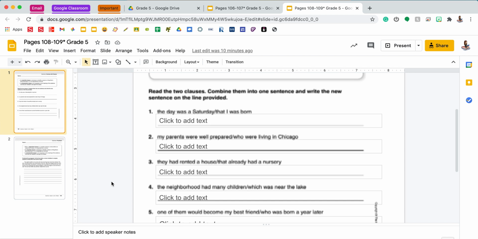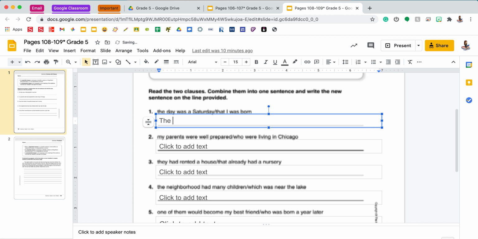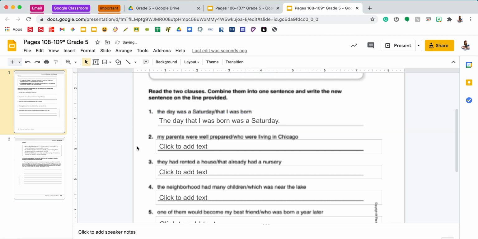The day was a Saturday that I was born. So I need to combine that into one sentence. I'm going to do so by moving some words around and saying the day that I was born was a Saturday. Now there are multiple ways to do these ones, so you might have a different answer than me. As long as your sentence makes sense and commas are where they are needed, then you have the correct answer.